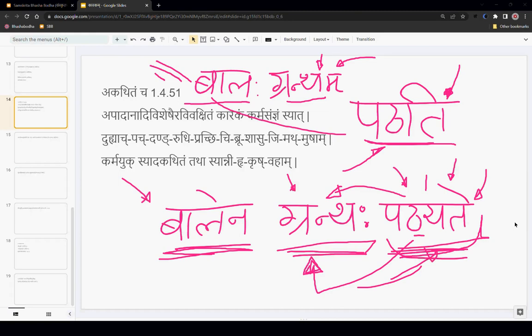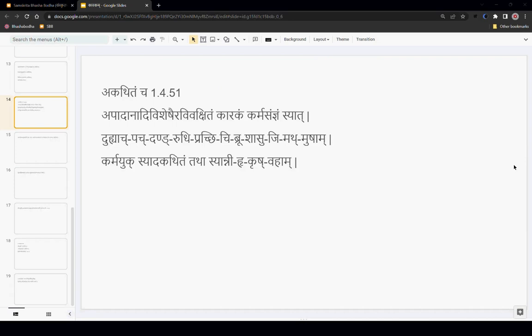Karaka remains the same. The relationship remains the same with the kriya padam. So keep that in mind while you are forming karmani sentences. Okay?